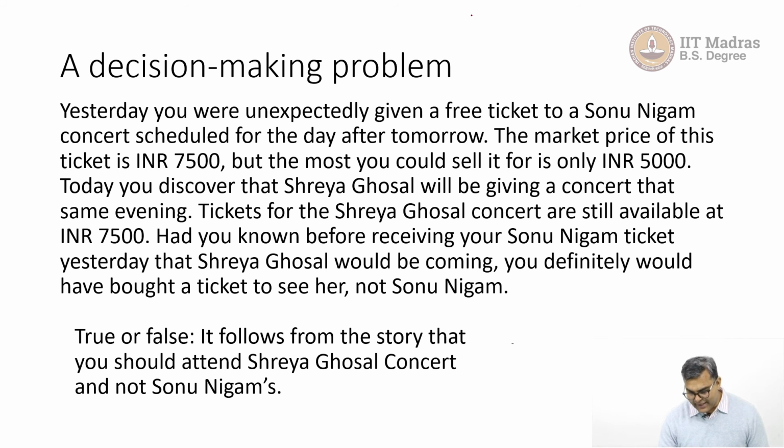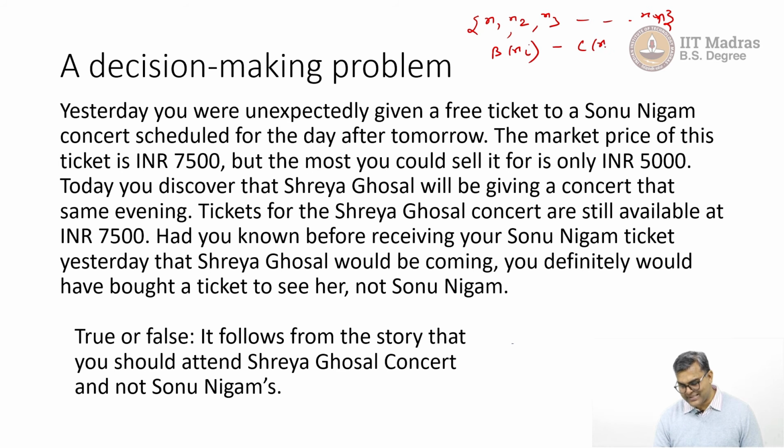So, if you have a decision maker who can do either x1, x2, x3, x4 or xn, and doing this will get some money or some benefit. So, we can say the benefit is b(xi), that is coming from xi, and doing xi also involves a cost, c(xi), and the difference is the gain to the decision maker.